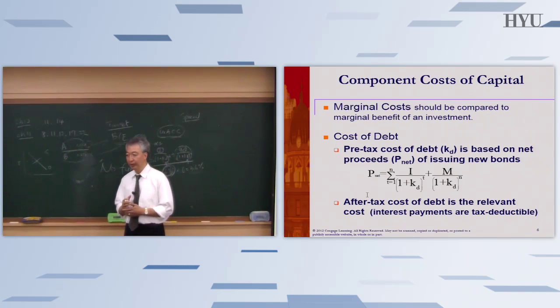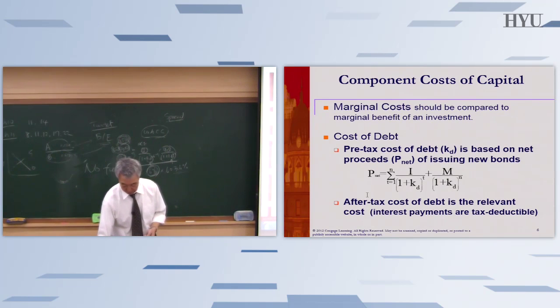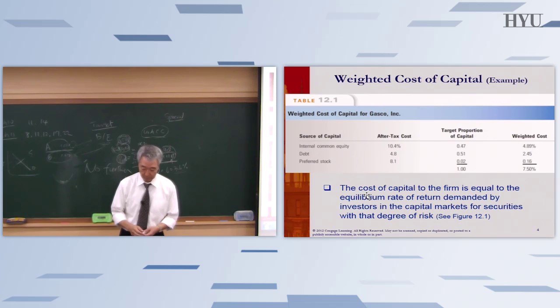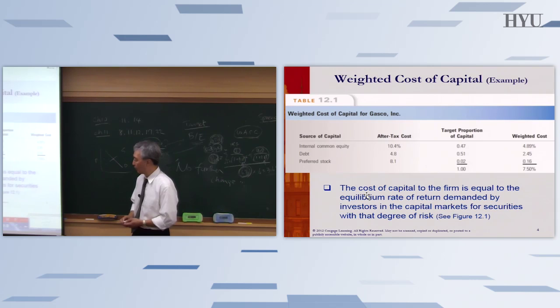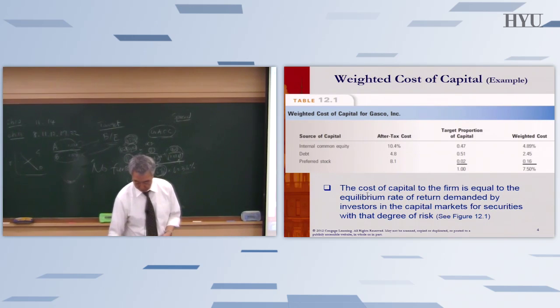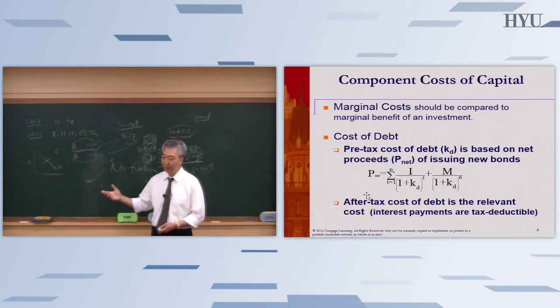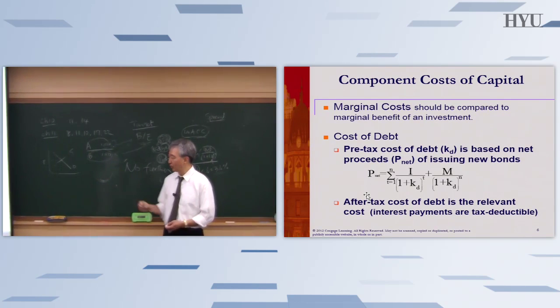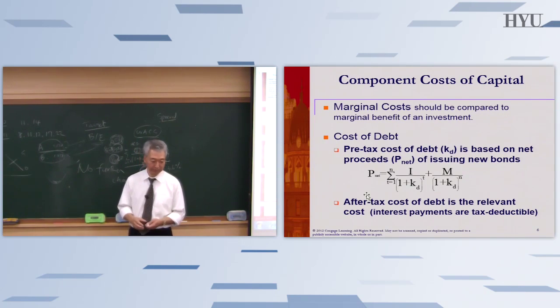Will they necessarily be the same? Do you understand what I'm asking? If you go back to the previous slide, it says the cost of capital is equal to the equilibrium rate or market clearing rate of return demanded by investors. But here I'm giving you a different idea: the rate of return on debt is calculated using this equation, as an internal rate of return. So which one is correct?